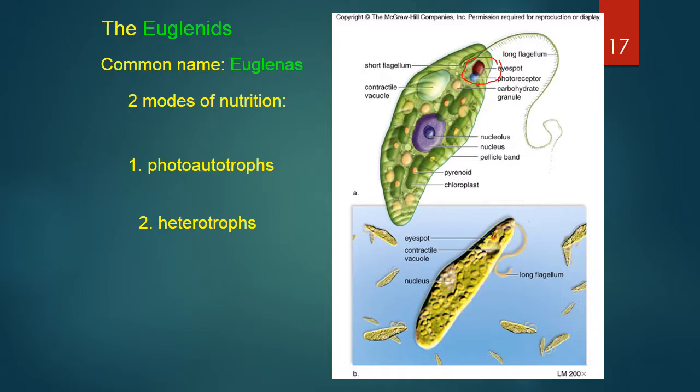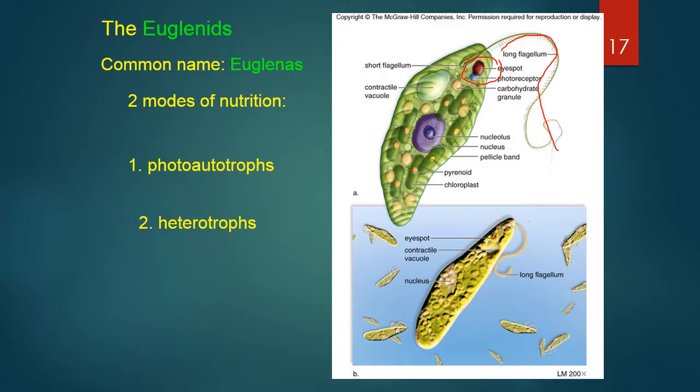That eye spot is a photoreceptor that allows the Euglena to move towards the sunlight, because if it has the chloroplasts, it wants to be able to get closer to sunlight. Otherwise, it can sense where its food is and move towards that as well. And so while we're talking about movement, it has this long flagellum in order to move.